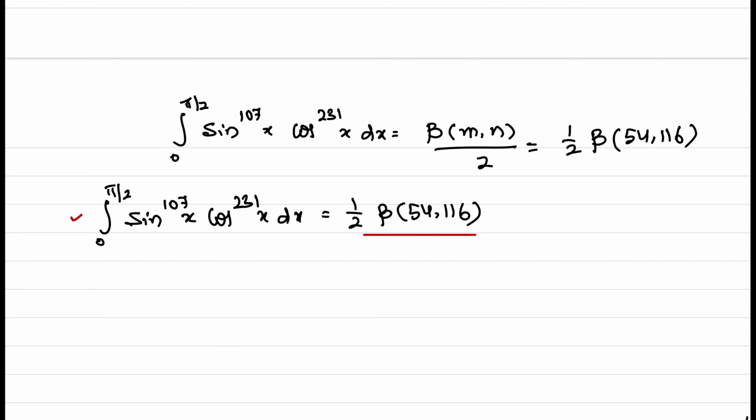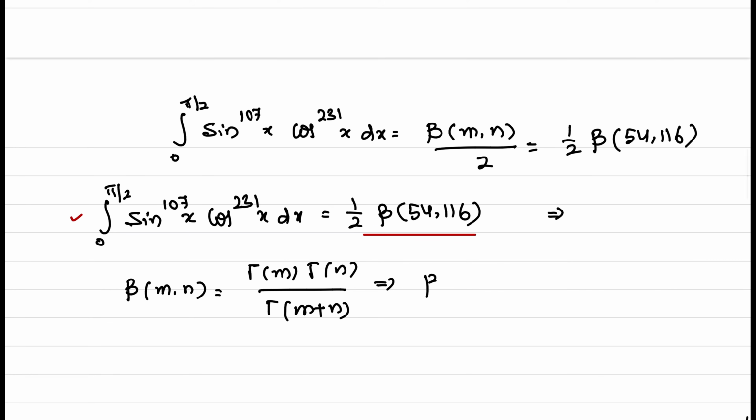From here on, what is the relation between beta and gamma? Beta mn is equal to gamma m into gamma n whole divided by gamma m plus n.